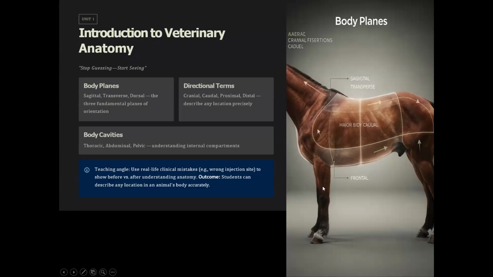So let's use the humerus, for example. The head of the humerus is proximally located. You understand?